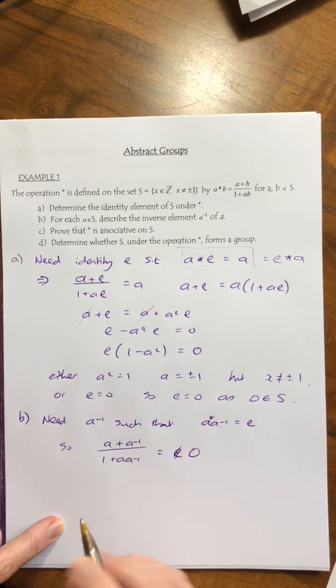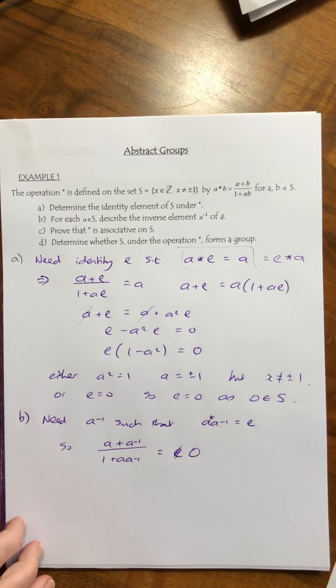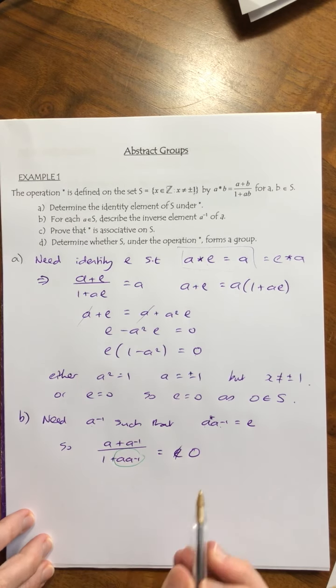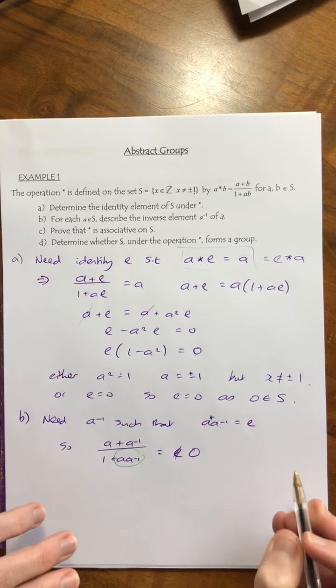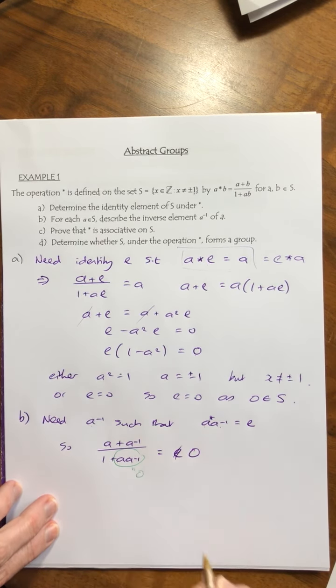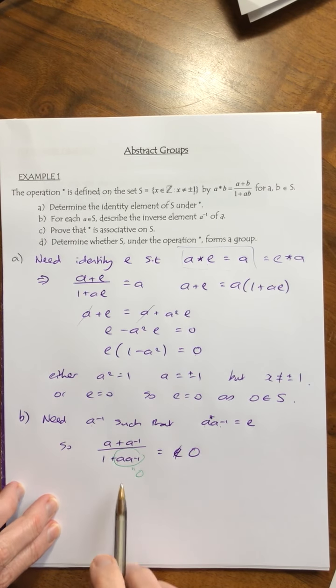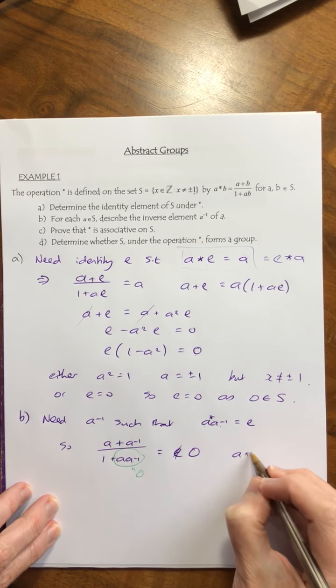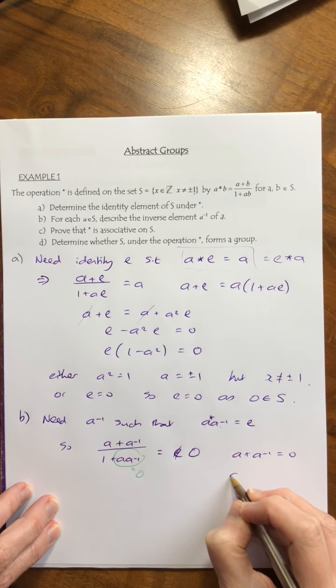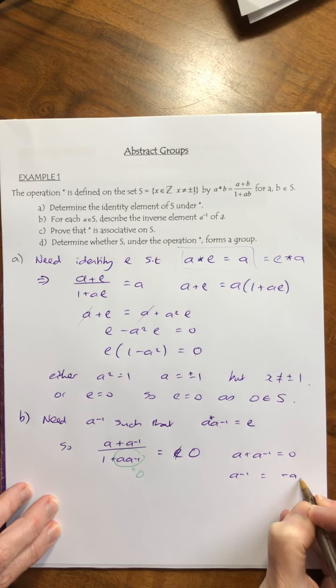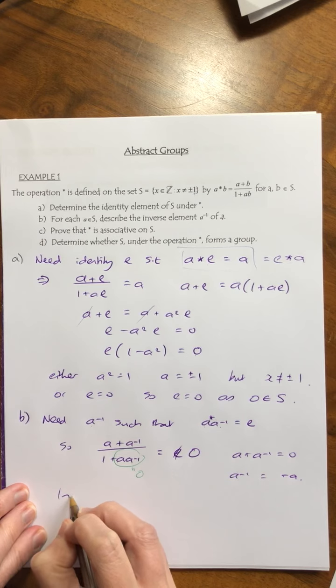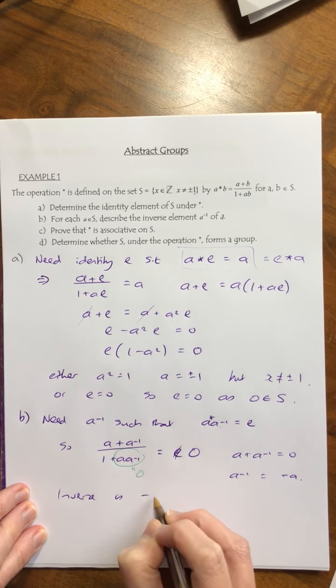So let's just put that 0 in there. We know, just by definition, A inverse is always going to be equal to the identity, and so that is, in fact, equal to 0. So then we're just left with A plus A inverse equaling 0. A inverse is negative A. So our inverse is negative A.